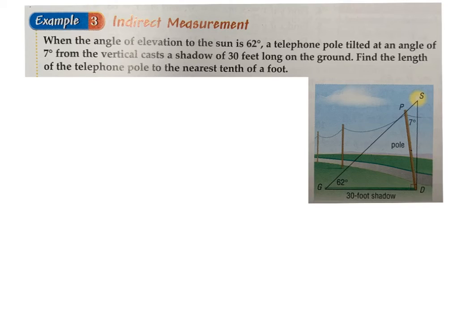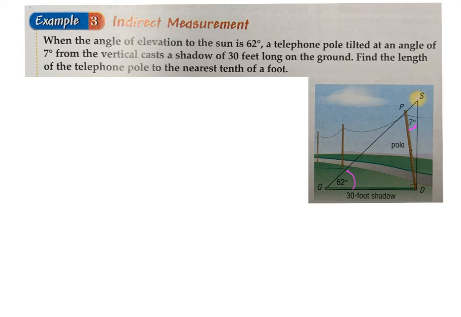All right, last one. Indirect measure. When the angle of elevation to the sun is 62 degrees, angle of elevation to the sun, that's from the ground up, is 62 degrees. A telephone pole tilted at an angle of 7 degrees. It's tilted at an angle of 7 degrees.